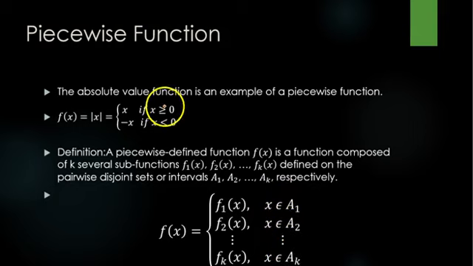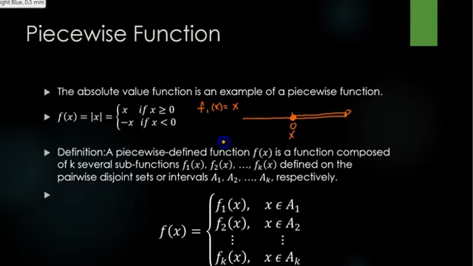Like in this case, if I draw the real number line, you're going to use the first expression, let's call this f sub 1 of x, which is x. This will be used when x is 0 to positive infinity.